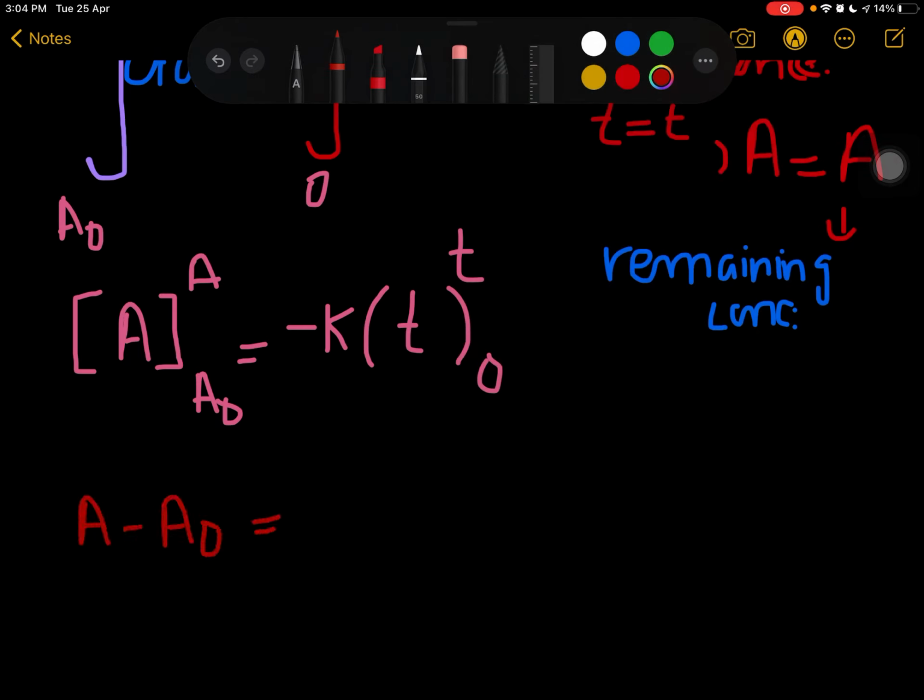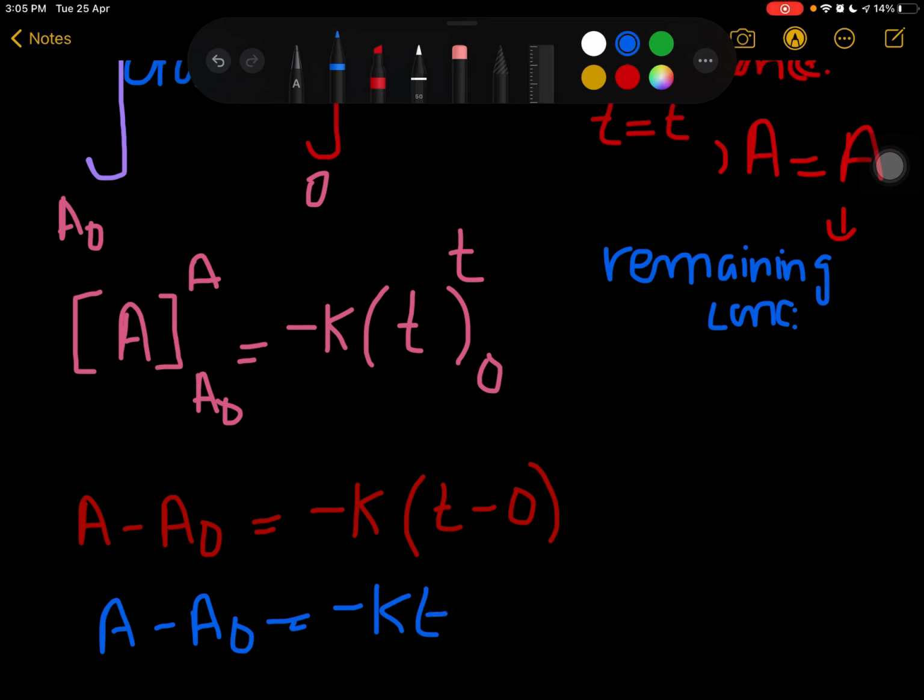Now we will integrate them, and the following answer will emerge, which will be A minus A naught is equal to minus K, which will be T minus 0, right? Now A minus A naught, let's solve this equation. A minus A naught is equal to minus kt. Minus k multiplied by 0 is obviously 0.